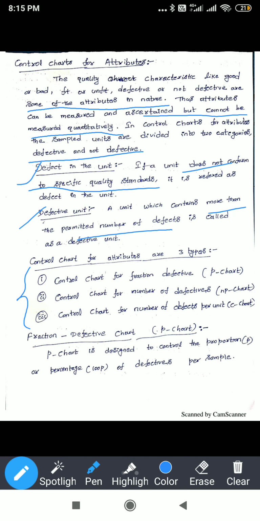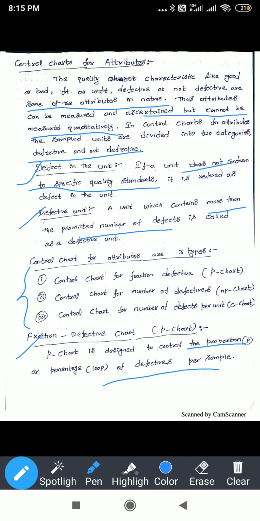First, the fraction defective chart, that is the P chart. The P chart is designed to control the proportion or percentage, that is 100p, of defectives per sample.